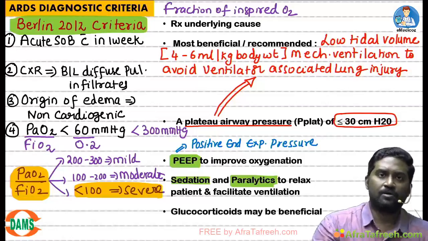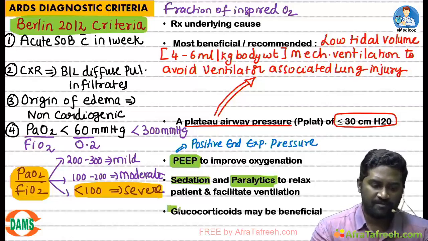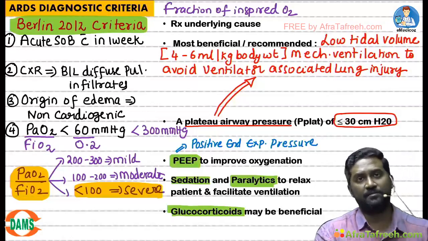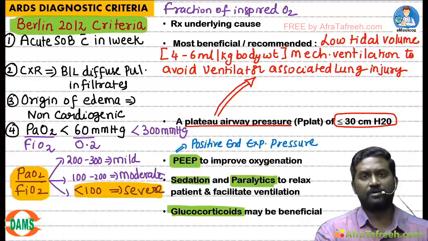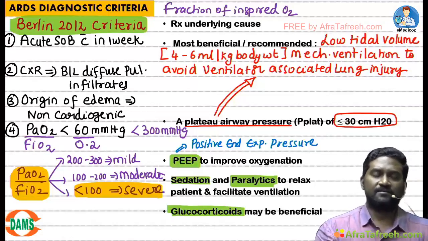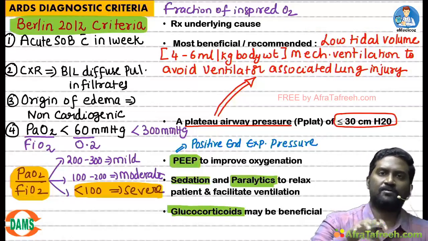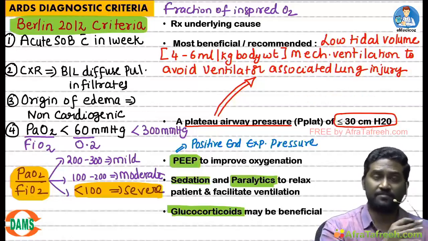And glucocorticoids may be beneficial. We know that in ARDS there is neutrophil mediated inflammatory damage. Once you give glucocorticoids, it can decrease the inflammatory response. But be careful while giving glucocorticoids in all patients. If there is an active bacterial infection, it can flare up the infection.